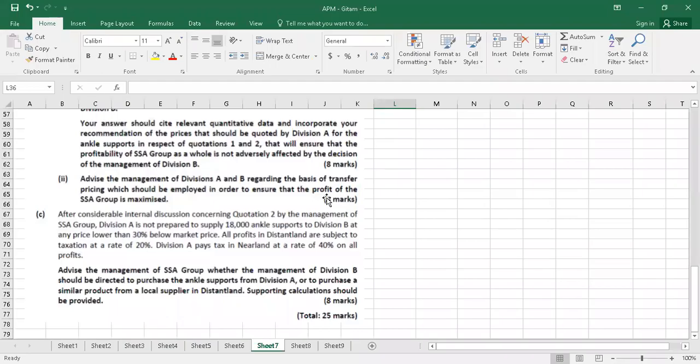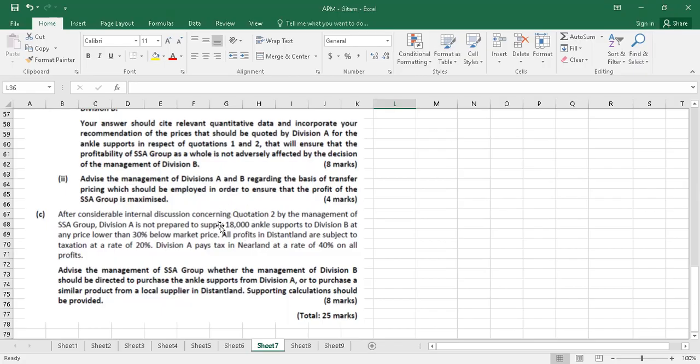So considering the rate at 10.5, the decision is whether they supply it to division B or they do not supply it. Advise the management of SSA Group whether division B should be directed to purchase the ankles from division A, or to purchase a similar product from a local supplier in distant land.